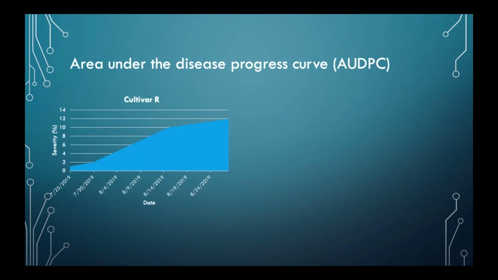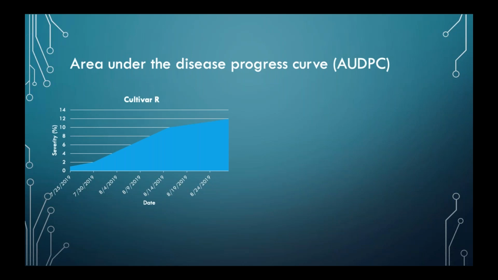So commonly, researchers, we like the area under the disease progress curve. We look at disease usually from the beginning of an epidemic to the end, and we rate for severity, and then we plot this severity across time. And we do this for different cultivars, phenotypes.